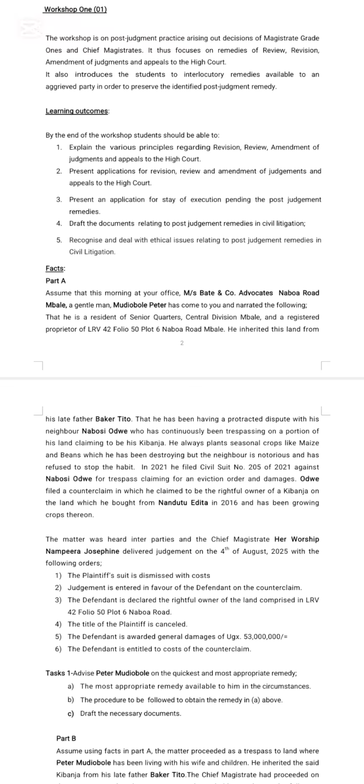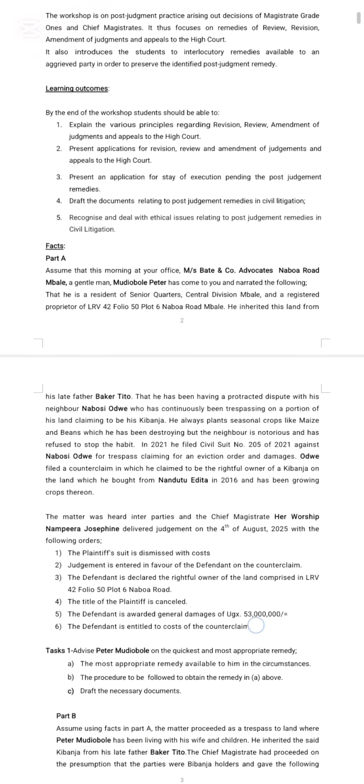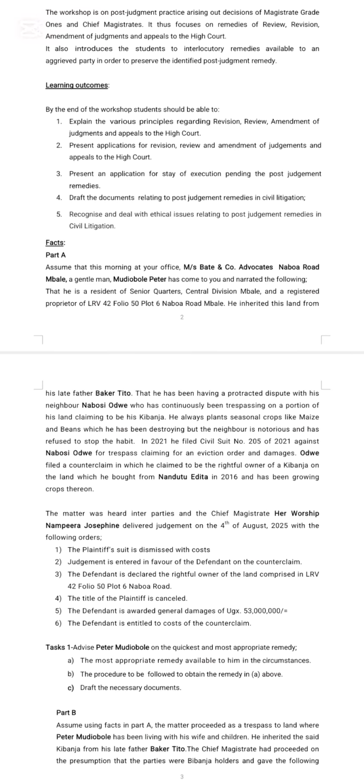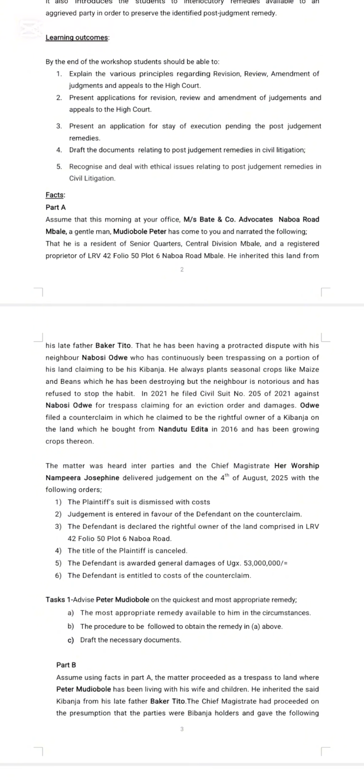Amendment of judgments: basically, we shall look at how you, for example, ask for additional evidence to be admitted on appeals. Present an application for revision. Present an application for stay of execution pending the post-judgment remedies. Draft the documents relating to post-judgment remedies, and recognize and deal with ESCO issues relating to post-judgment remedies.